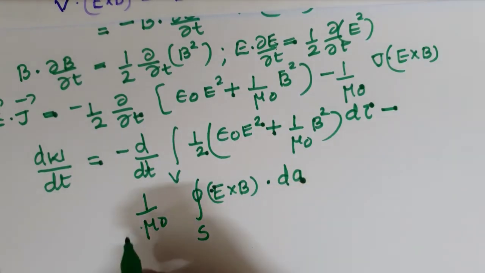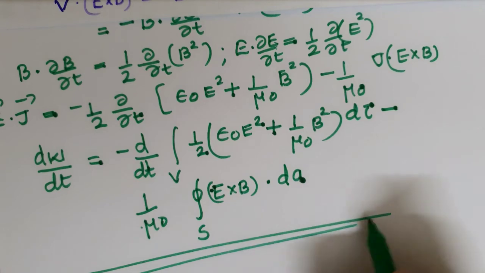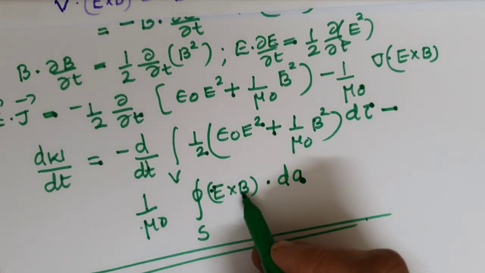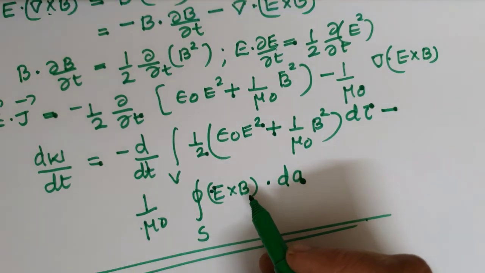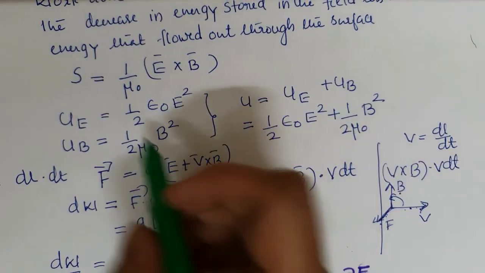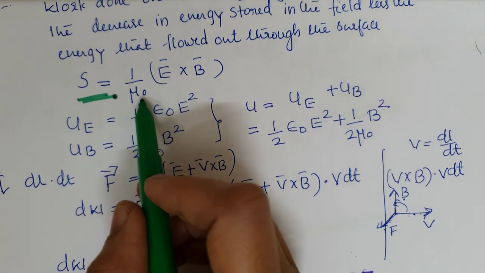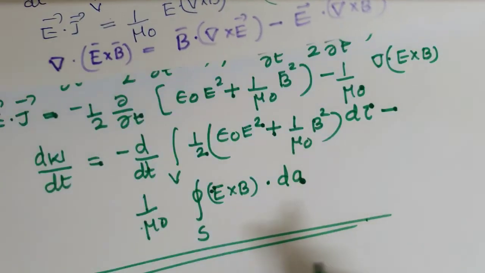So this is the actual Poynting's theorem. We can represent 1 by mu 0 E cross B as S, the Poynting vector.